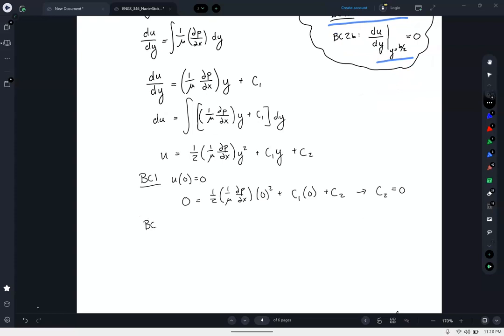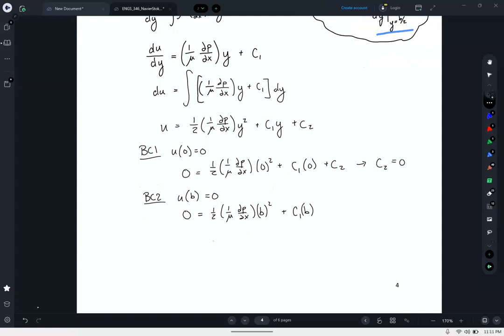Our second boundary condition is a little more interesting. This says that the velocity at b is 0. So we plug in 0 for u, we plug in b for y, dp dx. So now we have b, wherever y was, plus c1 b.